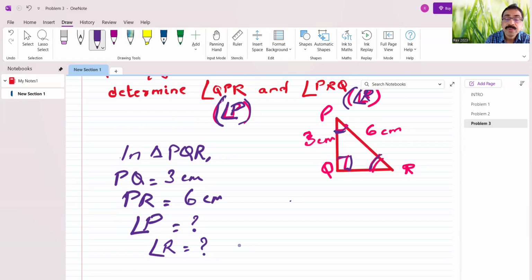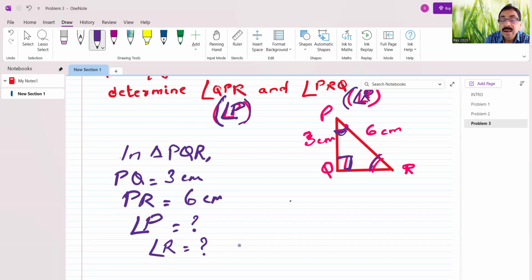The other way is to find angle R first. This one plus the 90 degrees will help you get the other angle. So it's up to you whether you want to find angle P first or angle R first.